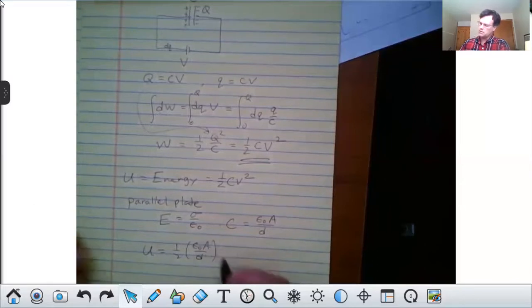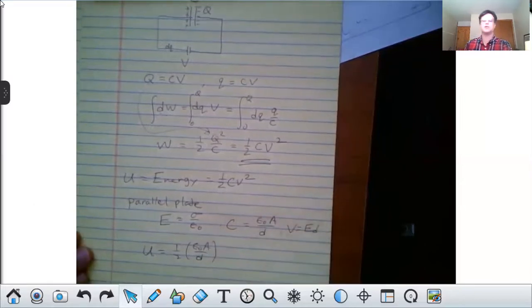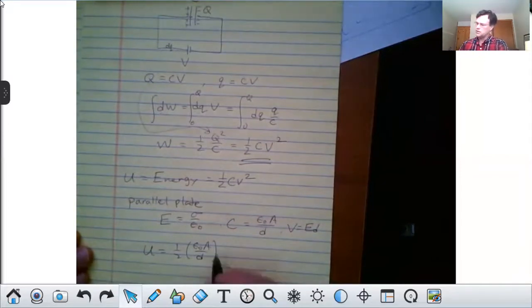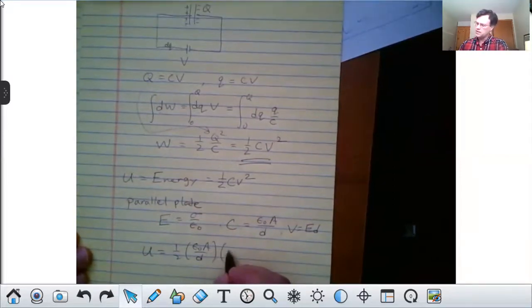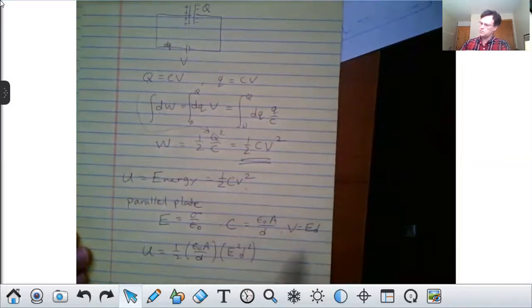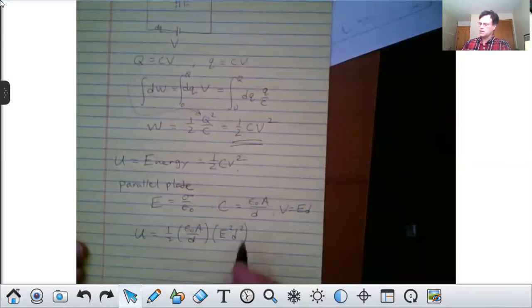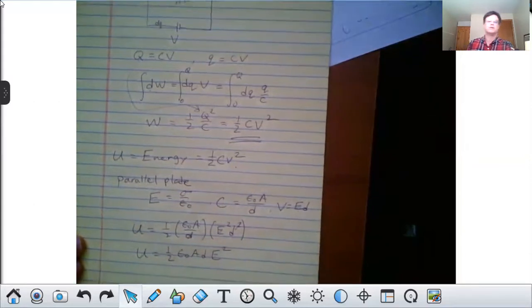Now V, remember, is also electric field times the distance between the plates. So I'm going to plug in E squared d squared for V squared. I can cancel one of the d's, and what I end up getting is that U is 1/2 epsilon zero A times d times electric field squared.